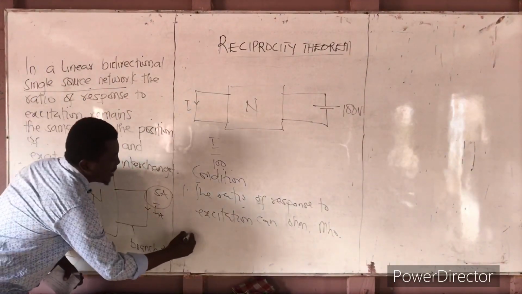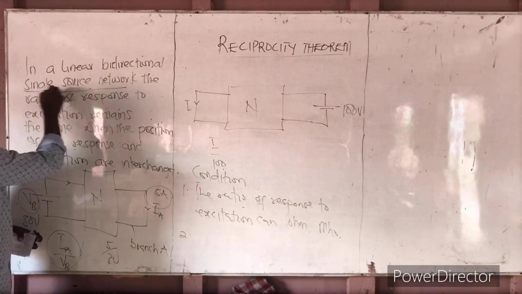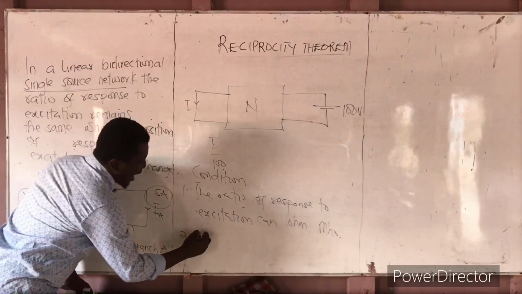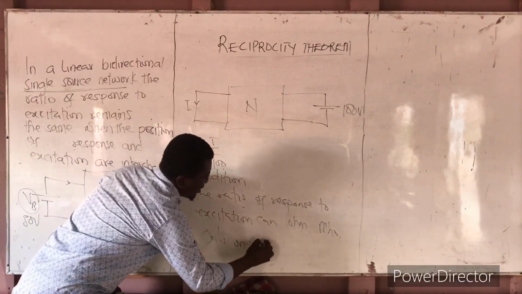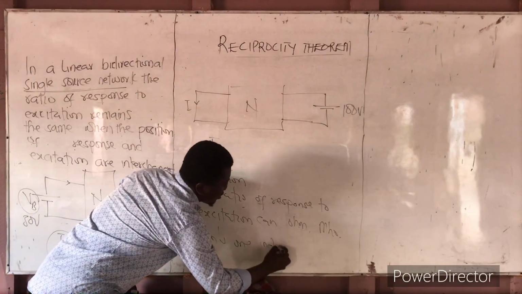And the second condition is that, as we said here, the circuit must only have one independent source.